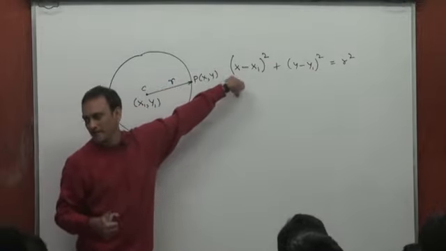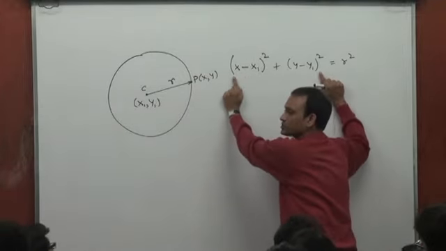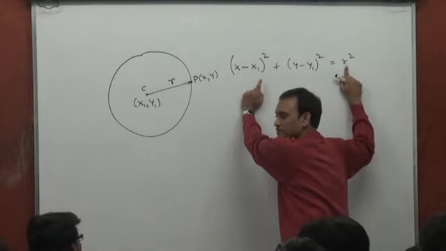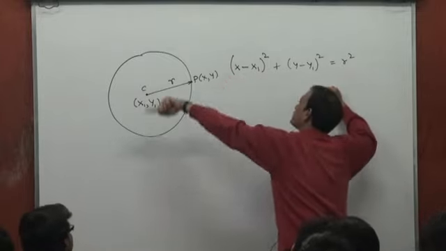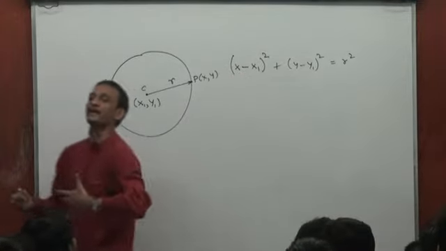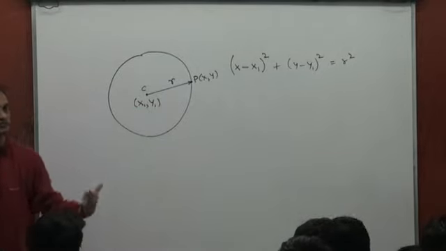That's what this statement means. Square root of this is the distance of any point x, y on the circle from the point x1, y1 equal to the radius r of the circle, right? So any point x, y on the circle will satisfy this equation. So this could be looked upon as the equation of a circle, right?